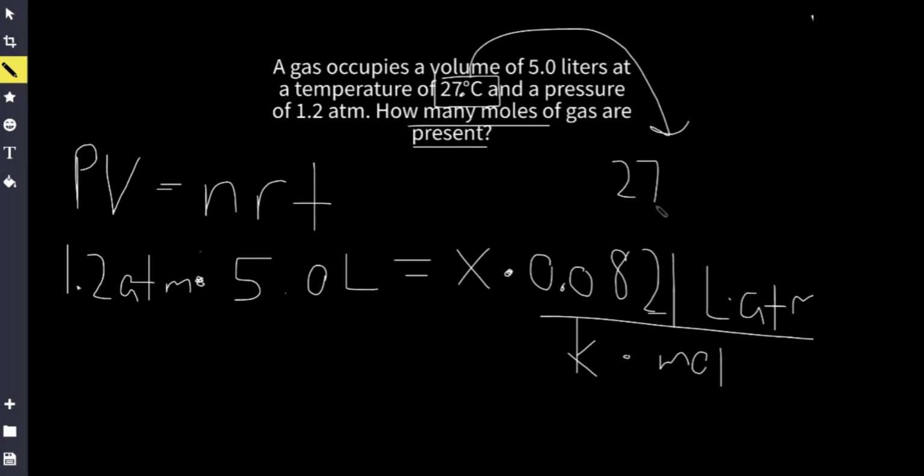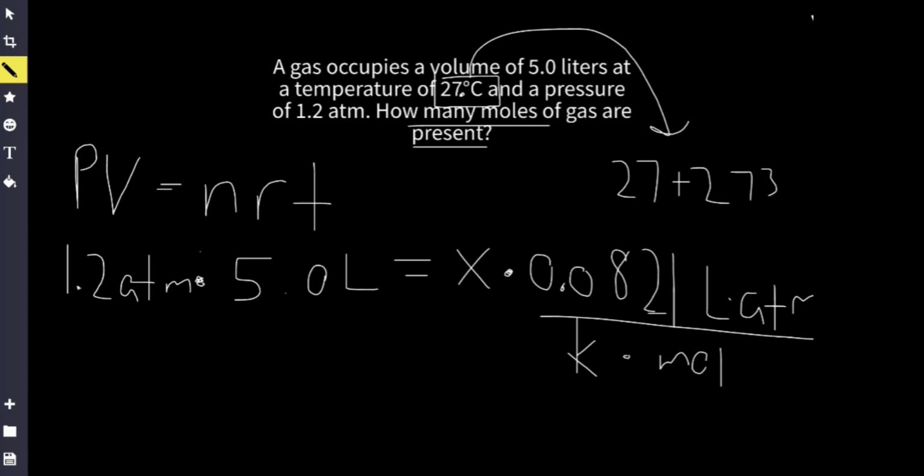So how do you convert degrees Celsius to Kelvin? Well, you just take your degrees Celsius and add 273 to it. So 27 plus 273, that's going to be 300 Kelvin.